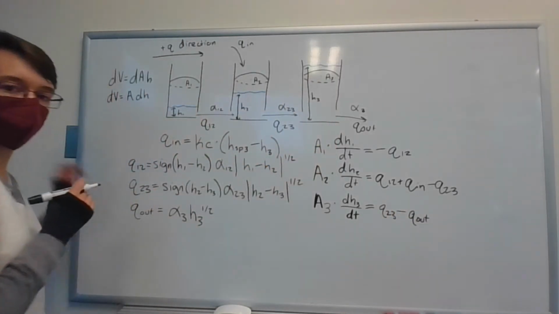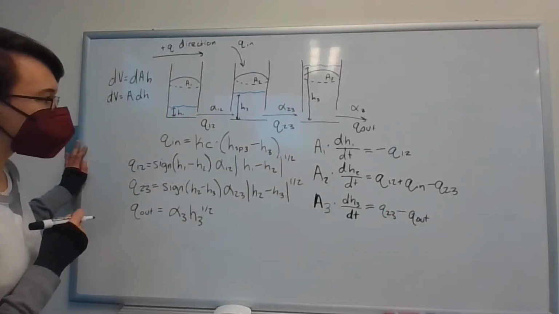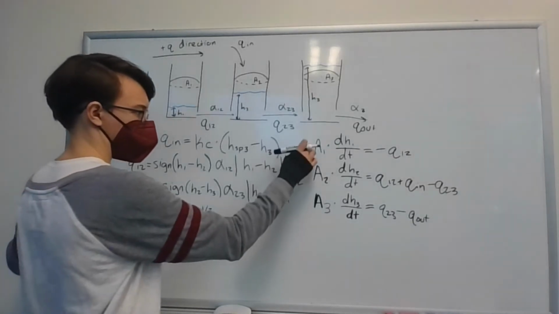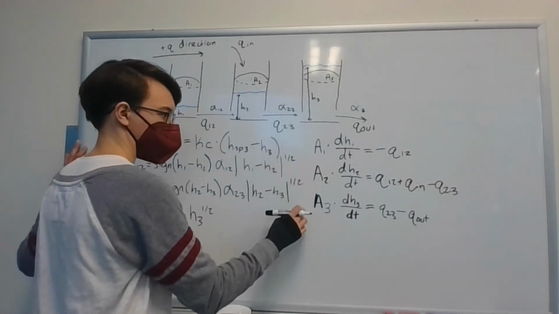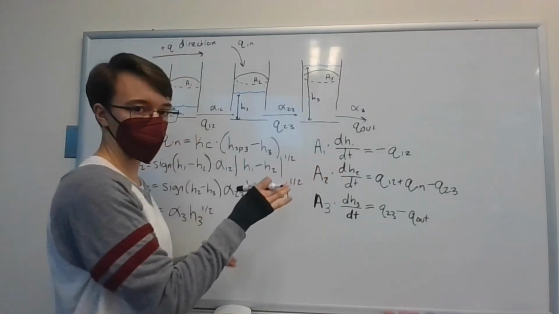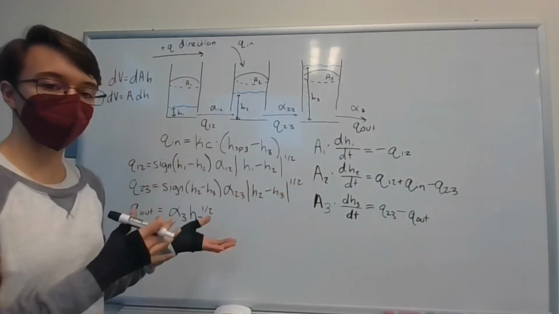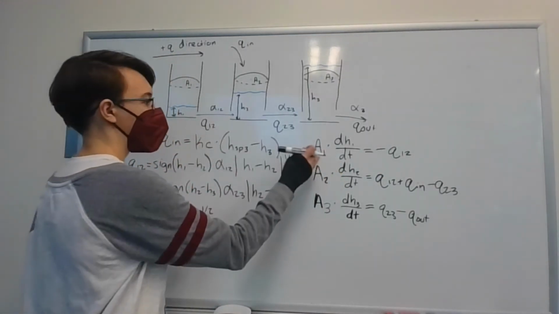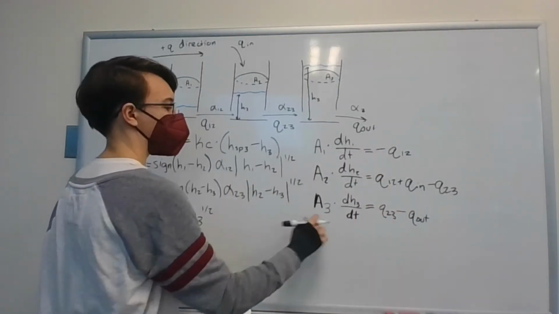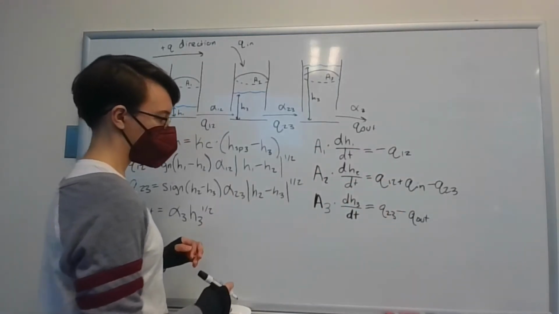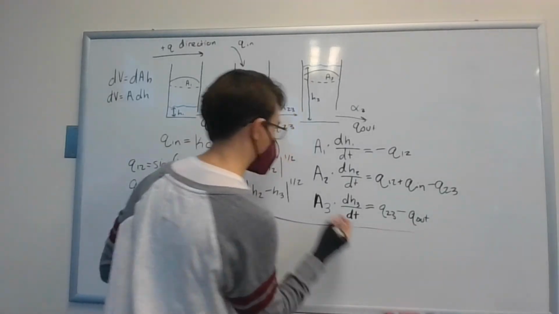Alright, and so now we have our equations that we're going to use to solve this problem. We want to rearrange these a little bit because we're not going to be solving for volume, we're going to be solving for height. So we can divide out these areas for each equation, and then I'll write those down here.